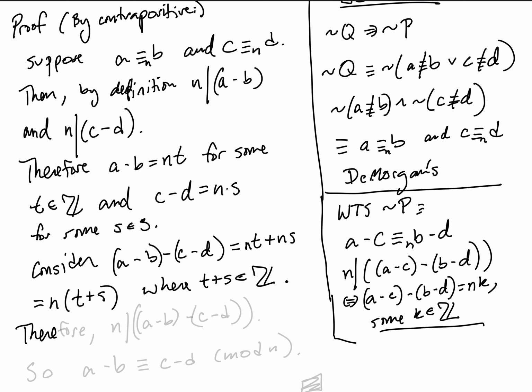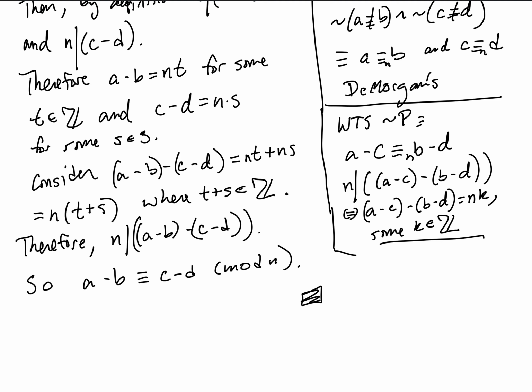So therefore, it is the case that n does divide (A minus C) minus (B minus D), all in parentheses, and is dividing that entire expression. And so it is the case that A minus C is congruent to B minus D mod n. And we have shown what we wanted to by the contrapositive. We have shown not P. And so we are done.